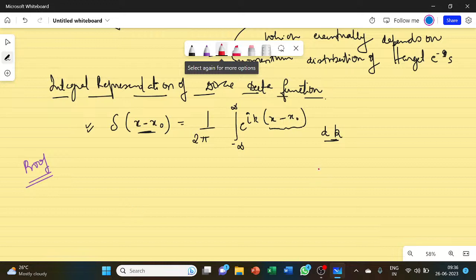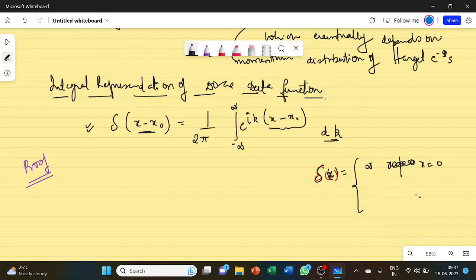For example, if my Dirac delta function is situated at x equal to 0, then I write it as infinity if x is equal to 0, and 0 if x is not equal to 0. Further, I know that if I integrate the Dirac delta function from minus infinity to plus infinity, it gives me unity, that is 1.